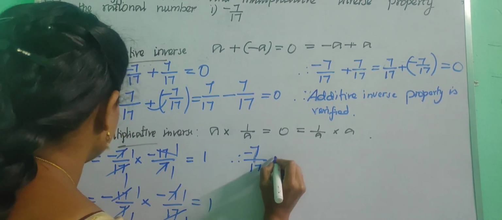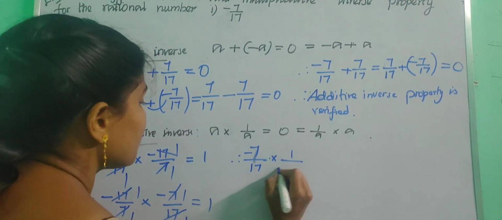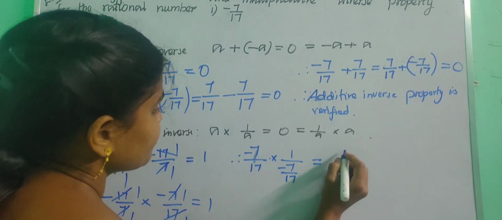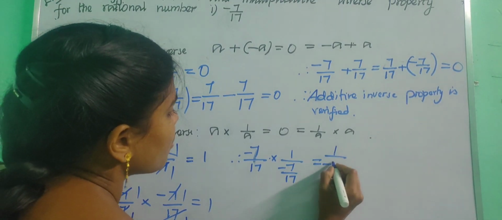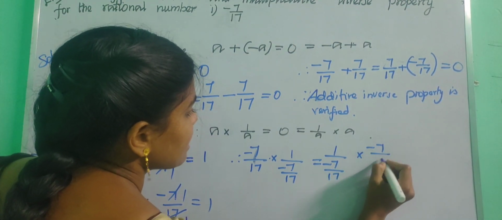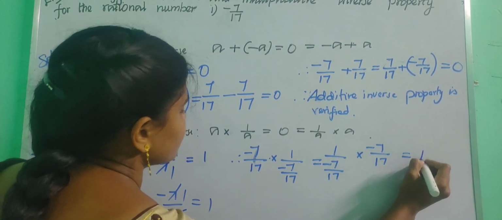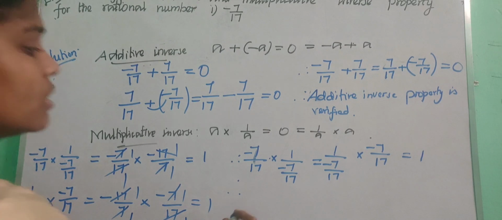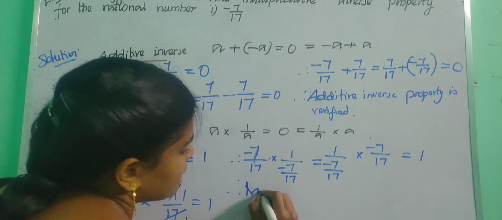Okay, children. So therefore we can write minus 7 upon 17 into 1 upon minus 7 upon 17 equal to 1 upon minus 7 upon 17 into minus 7 upon 17 equal to 1. Okay, children. Therefore, multiplicative inverse property is verified.